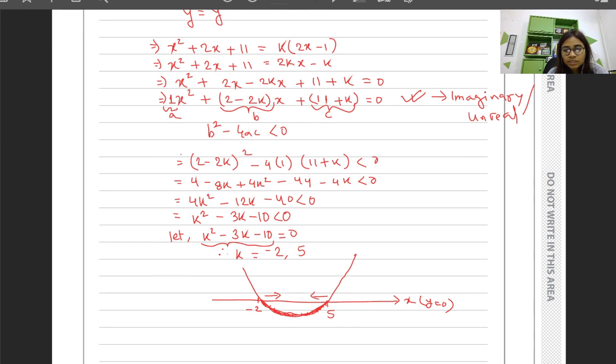Therefore, the set of values of k is greater than -2 and less than 5.